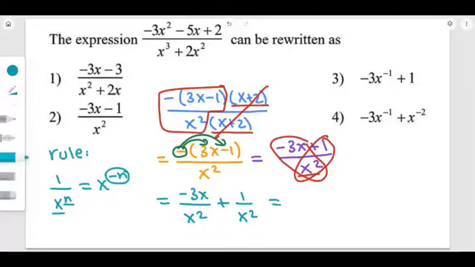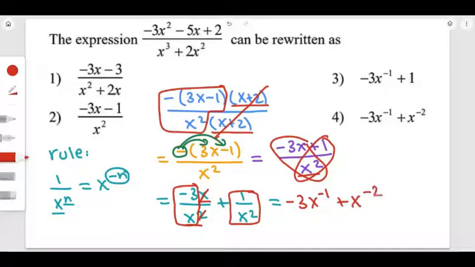Here, as you can see, we have factors that can cancel each other, so we're left with negative 3 over x. So it's going to be negative 3x to the power of negative 1, because I switched the factor. Here it's the same: it's going to be plus x to the power of negative 2. So it's answer choice 4.